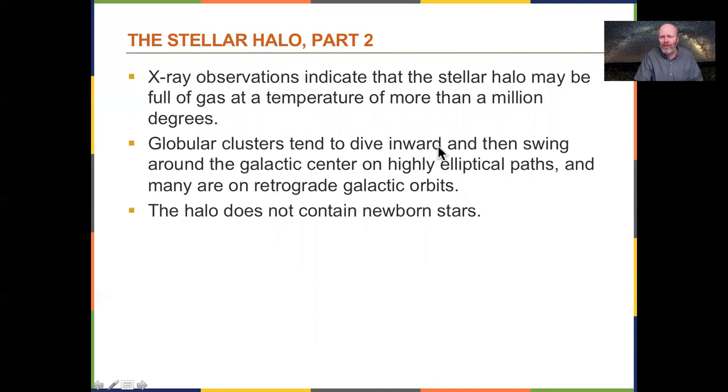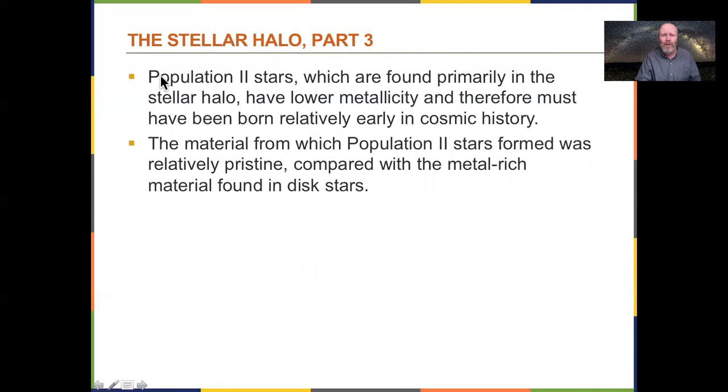The globular clusters sort of swoop through these kinds of things, but because of the way the gas and dust is superheated, it's not falling in under its own weight. The energy keeps it apart, so gravity doesn't take over. So we don't get a lot of newborn stars the way we do inside the disk. So population 2 stars are in the halo.